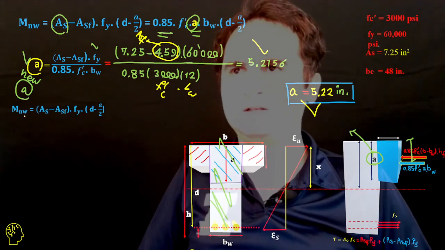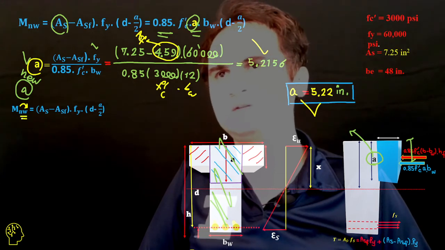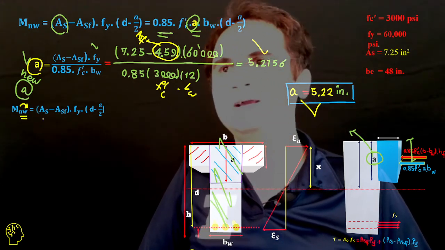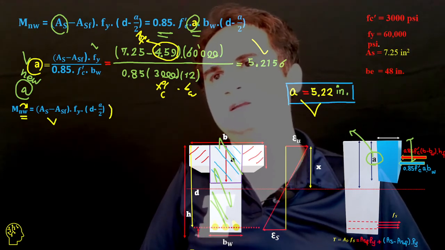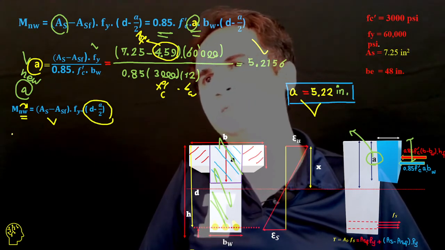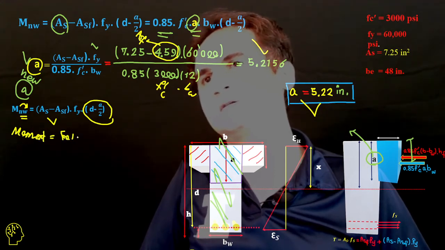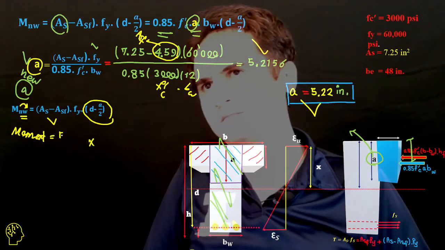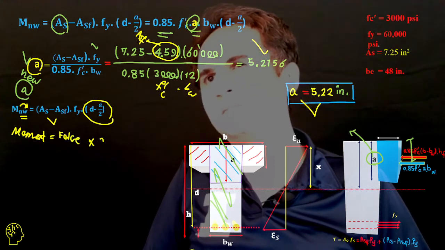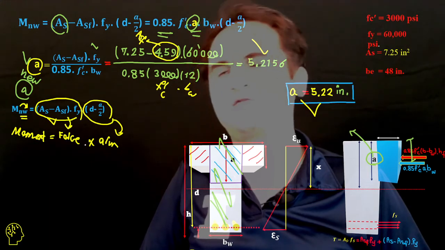and Mn, the portion of nominal moment which is responsible for the web, is (As minus Asf) times Fy times (d minus a over 2). A moment is equal to a force times r. This is my r, and area times stress is my force.